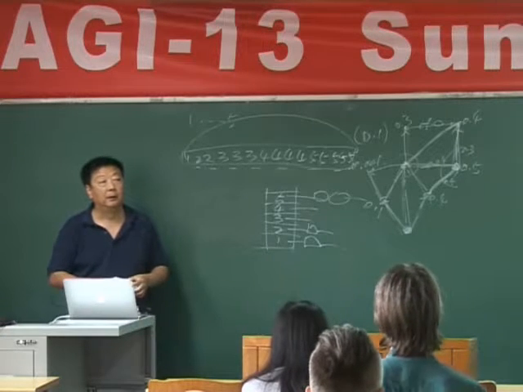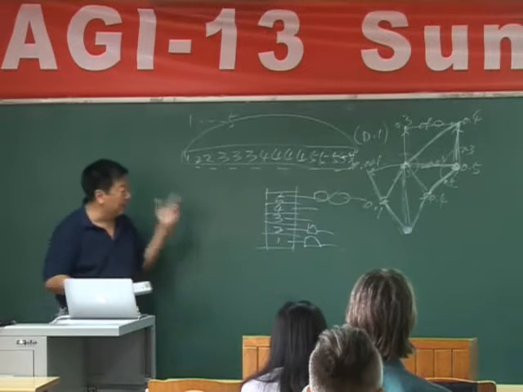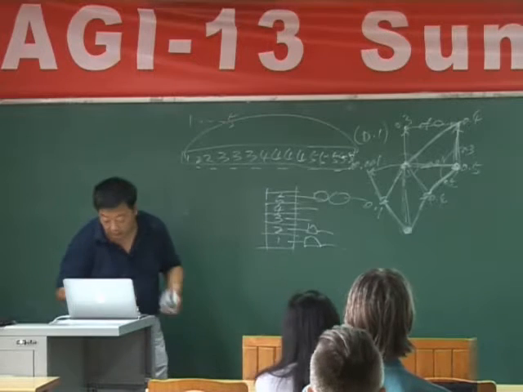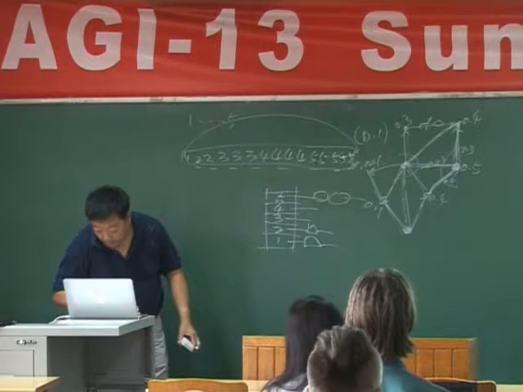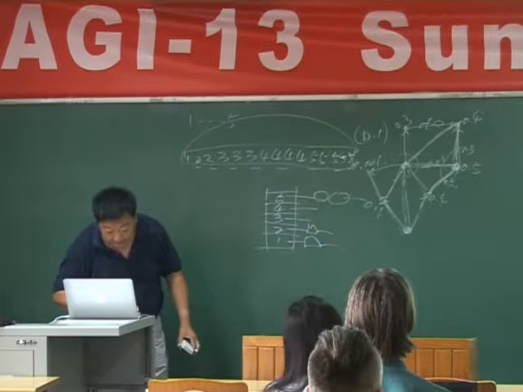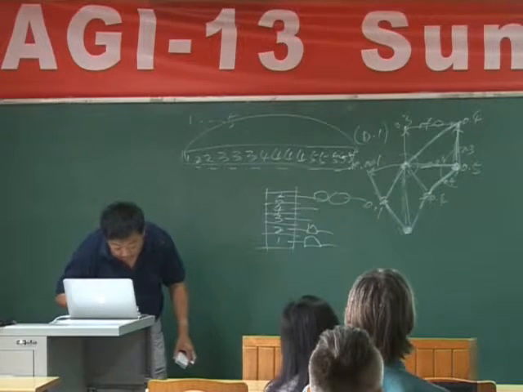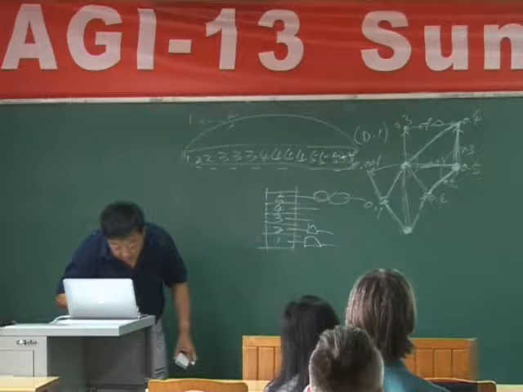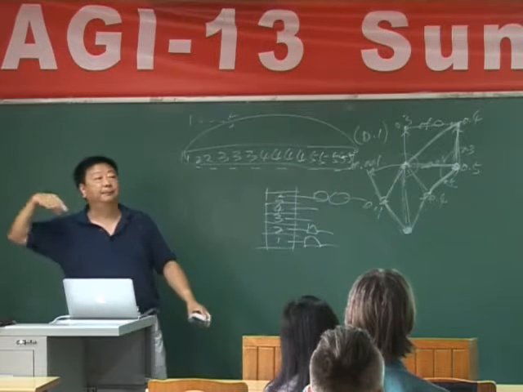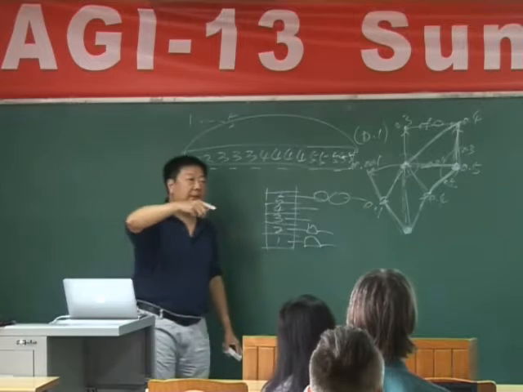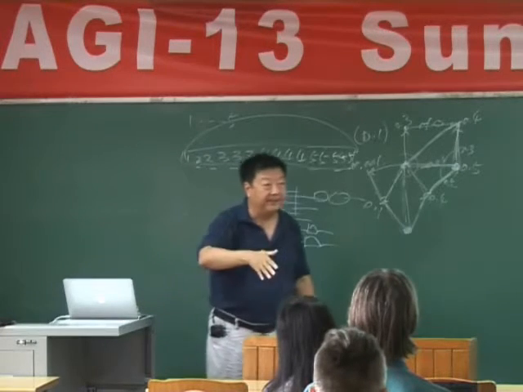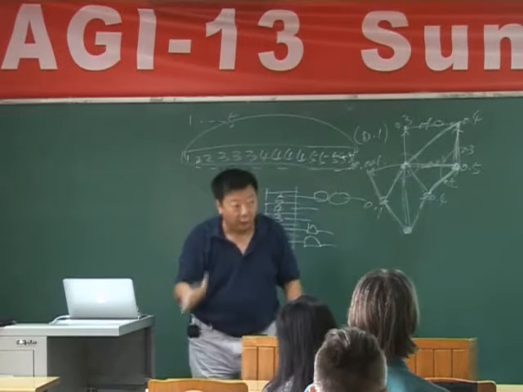Okay. So that gives you a data structure, which I call a bag, which is a probabilistic priority queue, okay?